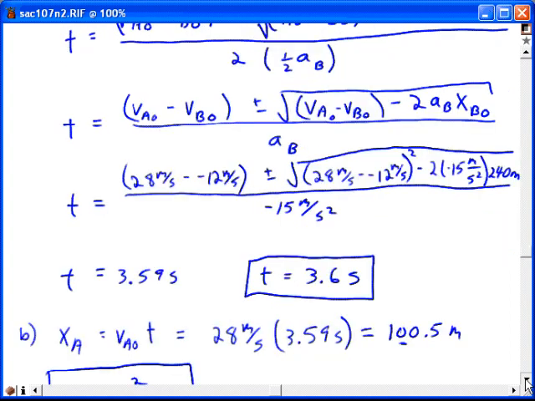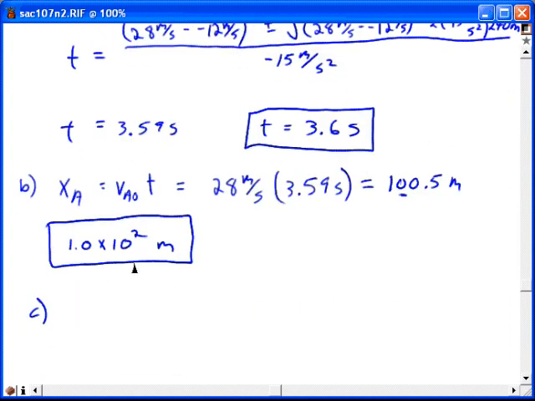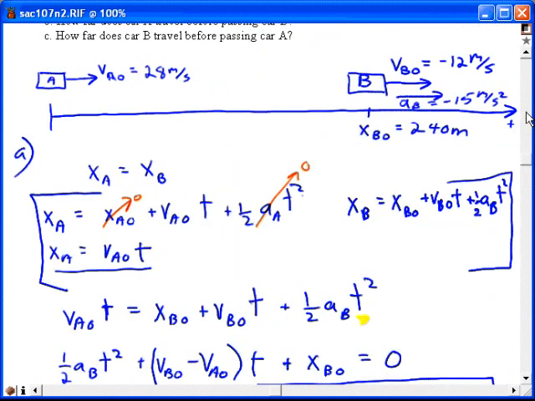They're both passing at the same position, which is the 1.0 times 10 to the 2 meters. And in order for car B to be at that position, it's got to travel a distance leftward of 240 meters minus the 100 meters.